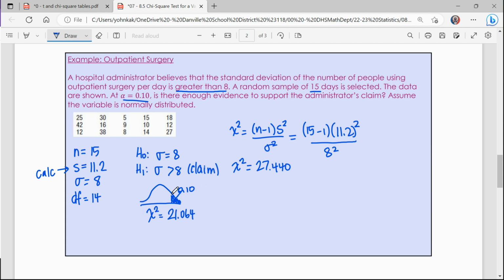So my cutoff for the critical region is 21.064. I'm at 27, so I'm in the critical region, so I reject the null. So since 27.440 is in the critical region, we reject the null.